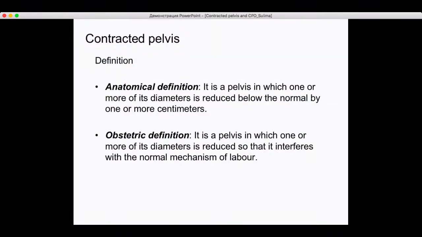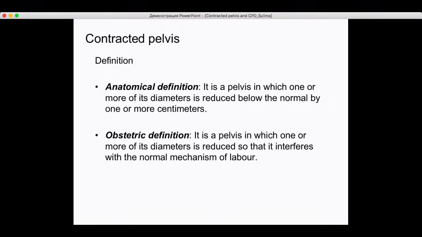What is a contracted pelvis? We have two definitions. Anatomical definition: it is a pelvis in which one or more of its diameters is reduced below the normal by 1 or more centimeters.